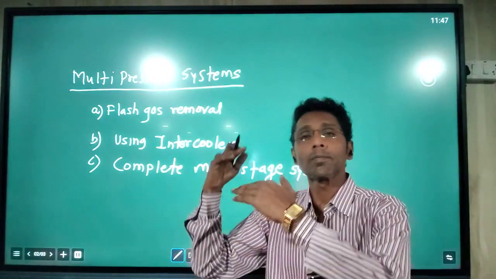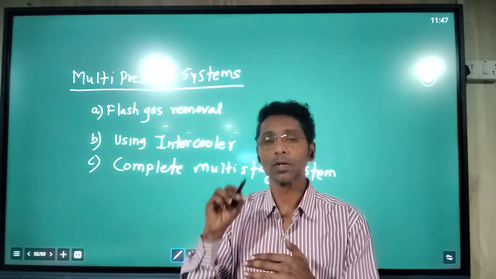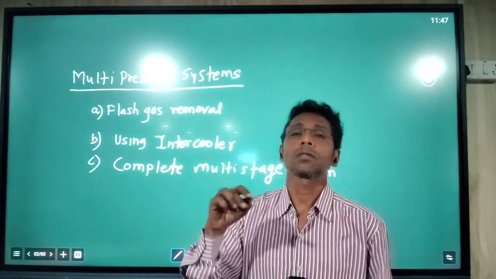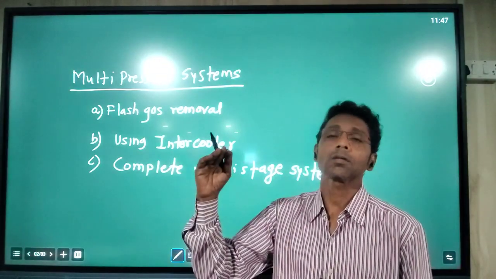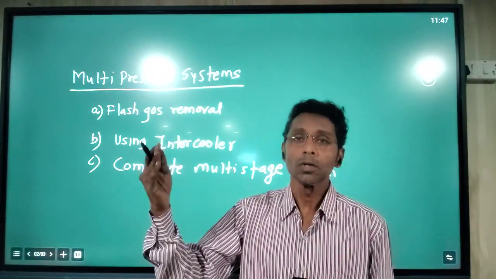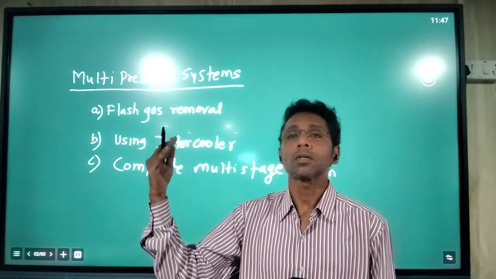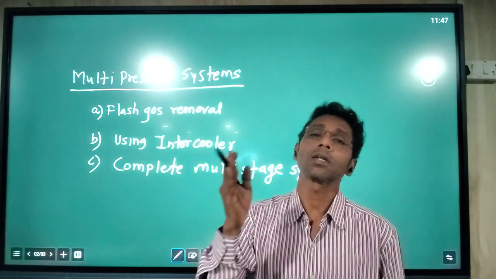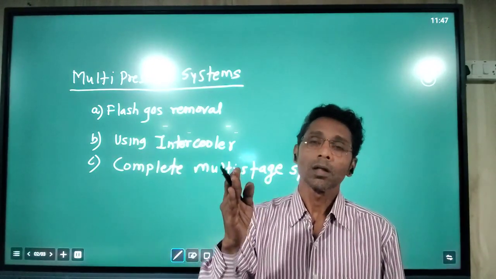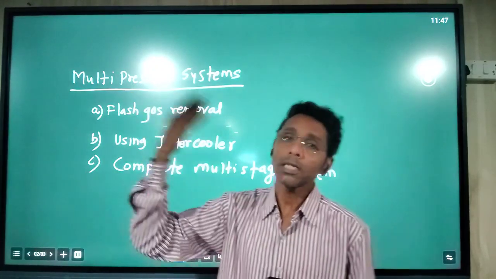So the intercooler is between the two compressors. After the discharge of the first compressor, when the refrigerant is passed to the intercooler, that intercooler will remove the superheat from the refrigerant and bring the vapor to a dry saturated state, and then that refrigerant will enter the next compressor.